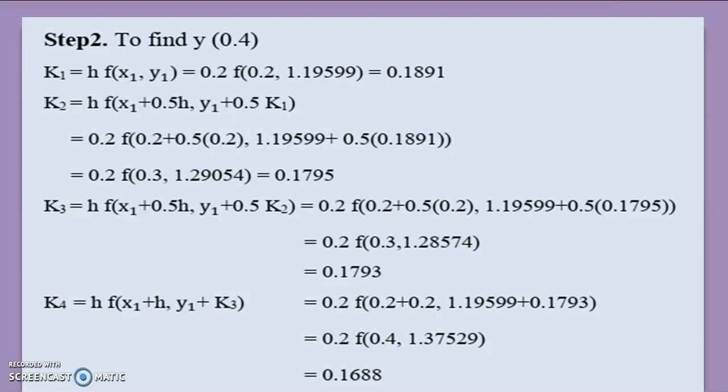By using that formula we can find this total value and the answer is 0.1891. Similarly we will use the formula for k2, k3 and k4, right? Then we will get the answer as 0.1688. K4 is 0.1688. Now we will use these four values to find out y of 0.4.